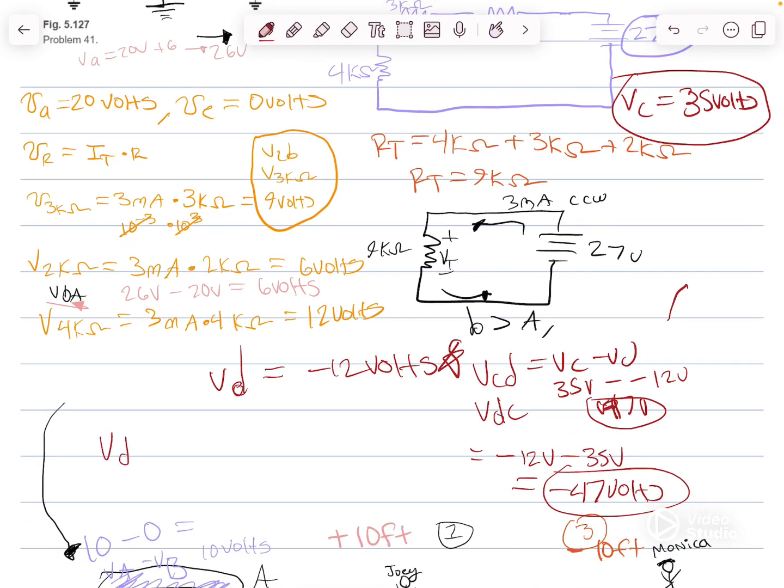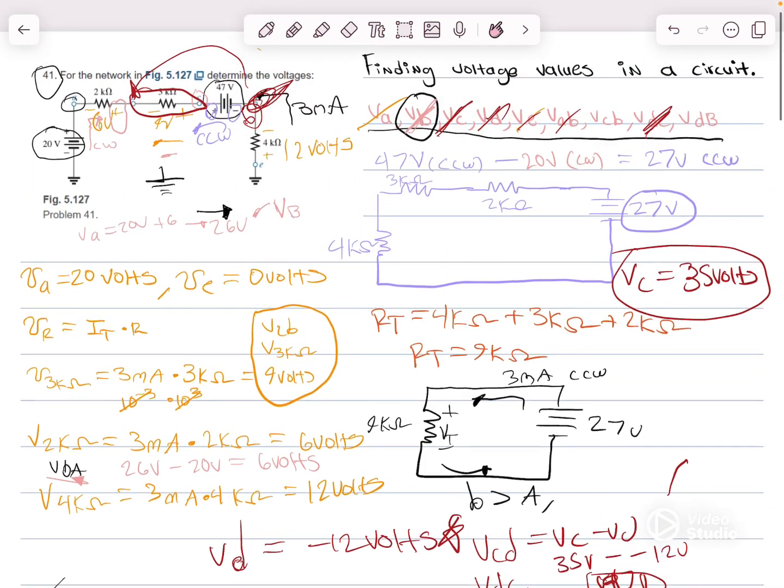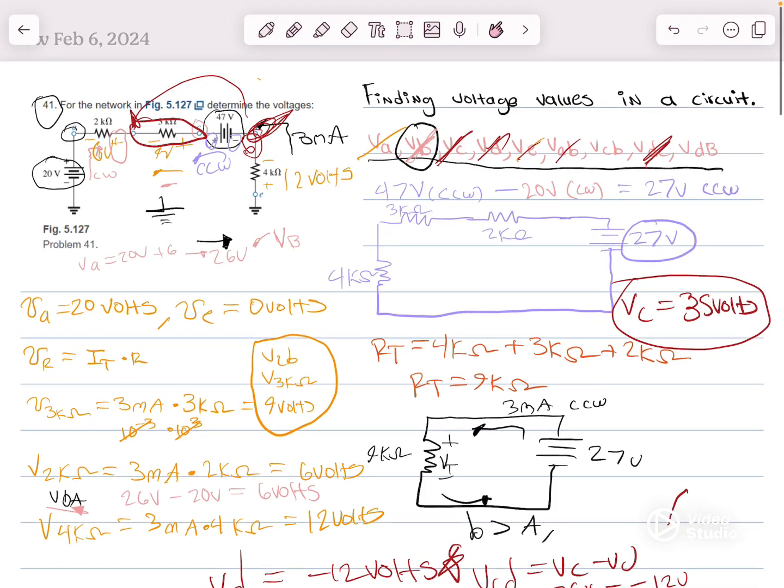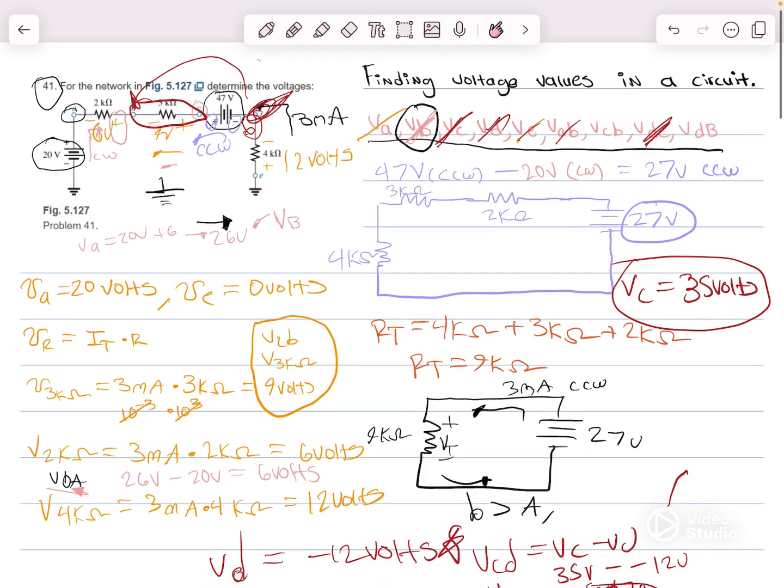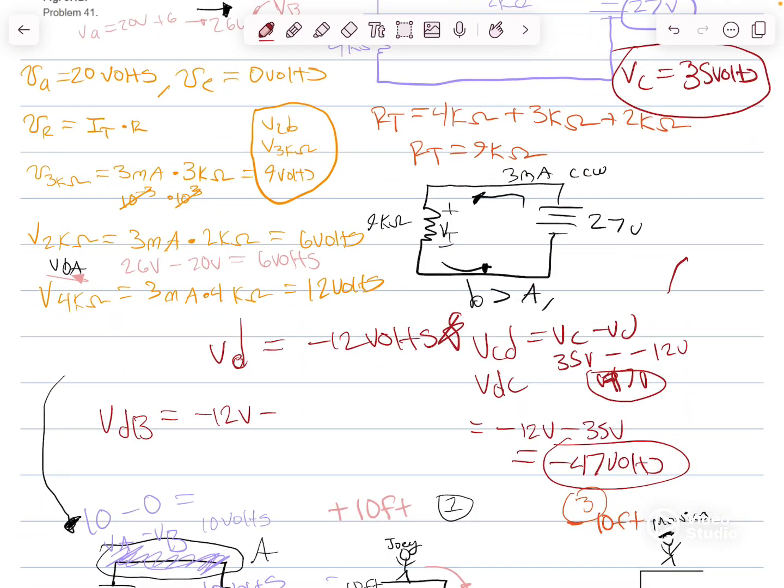So I'm right here, VDB is equal to negative 12 volts minus B, and we said B is at, I believe it was at 26 volts. So negative 26. So we get negative 38 volts, and this tells me that D is actually lower by 38 volts compared to B.